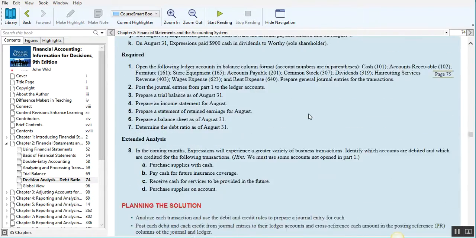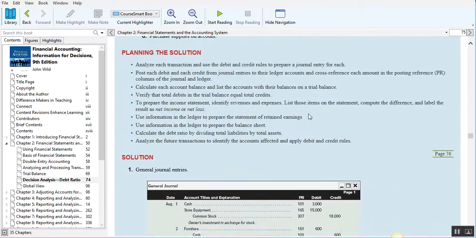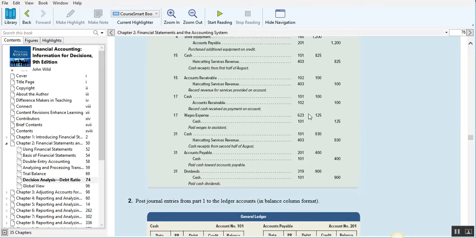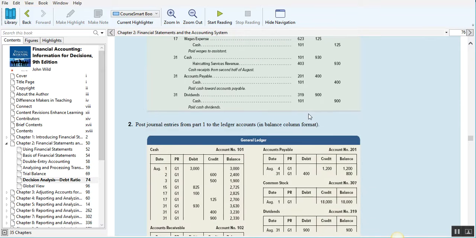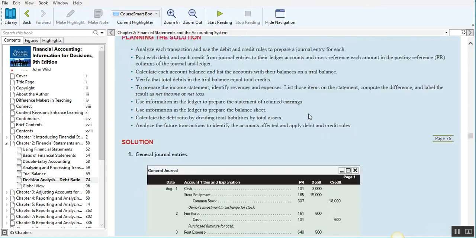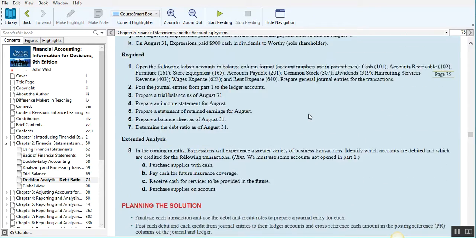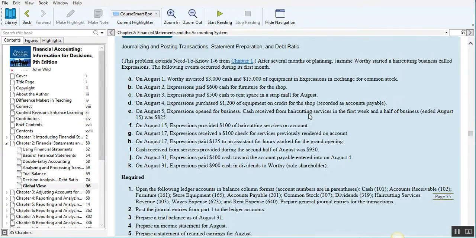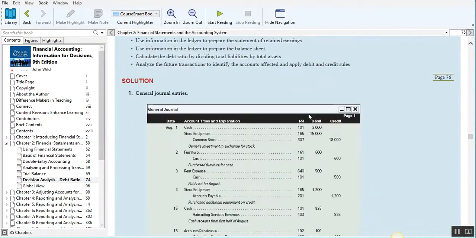Right now I'm getting into some of the problems and some of the solutions, examples that they have. If you have a question and you'd like to learn more about what's going on in the chapter, these demonstration problems in the back, in this blue area right here, might be a good way for you to look at that and gain some understanding.